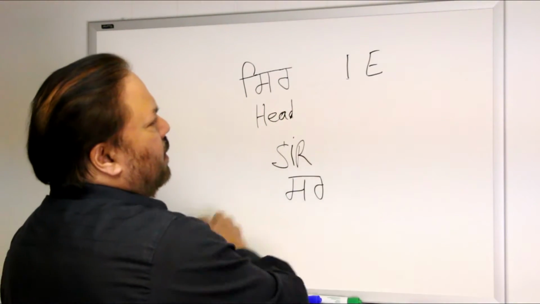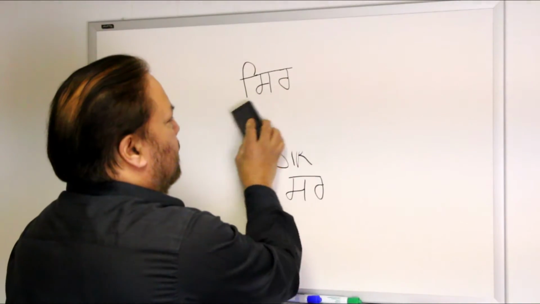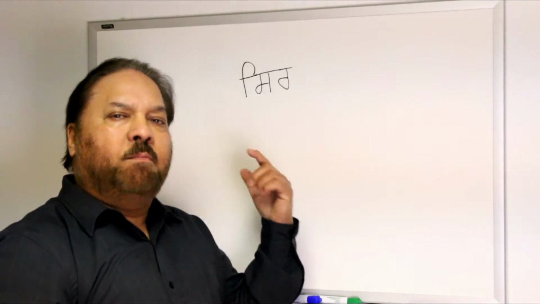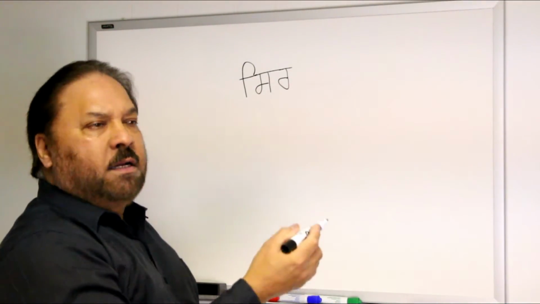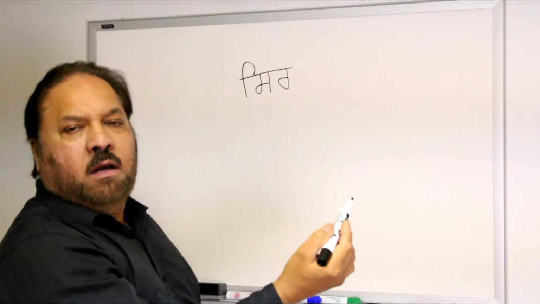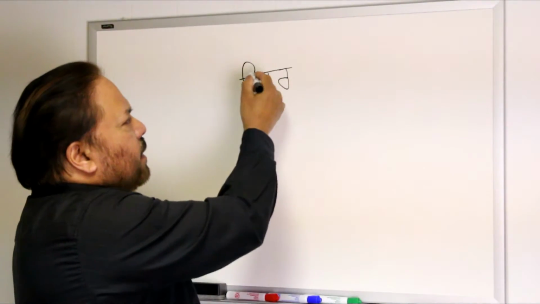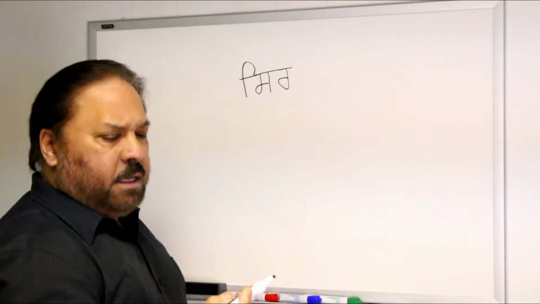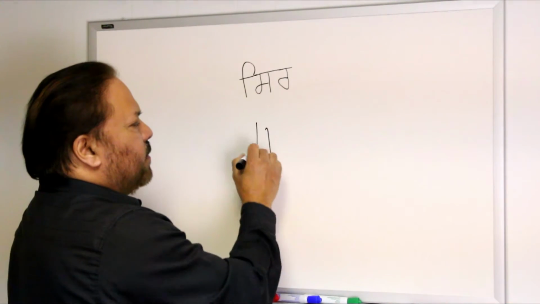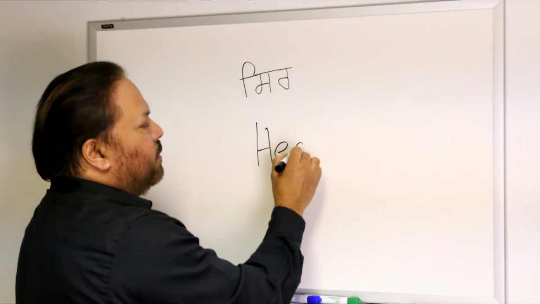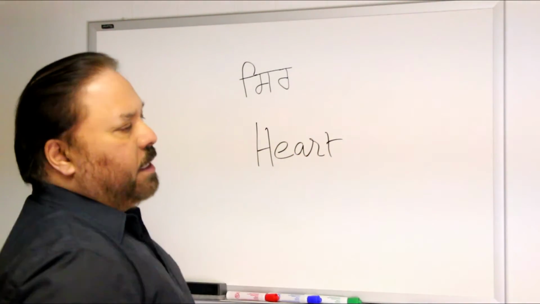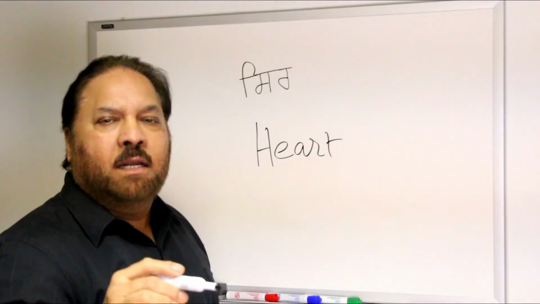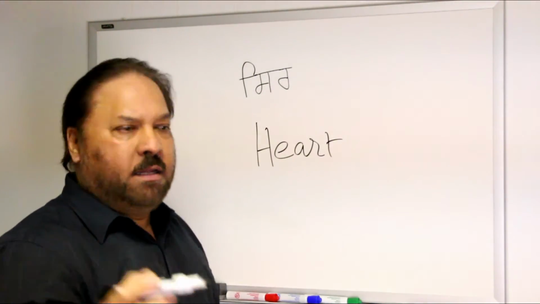Again, as I said, Sihari is used before the letter. So sir: sasa, rara, and Sihari. I'll give you another example. There is a word like our heart. In Punjabi we call it dil, not da but da, dil.